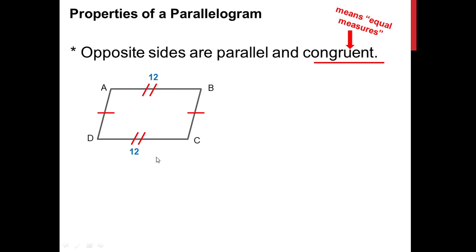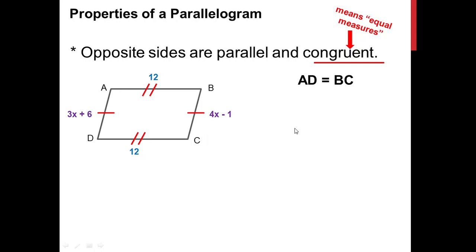And if we incorporate this using algebra, if I have here my line AD equal to 3x plus 6 and my line BC equal to 4x minus 1, now to prove that this figure is a parallelogram, we can use the property of a parallelogram that opposite sides are parallel and congruent. Then I can say that line AD is equal to line BC because this is what this property means, that the opposite sides are equal in length.